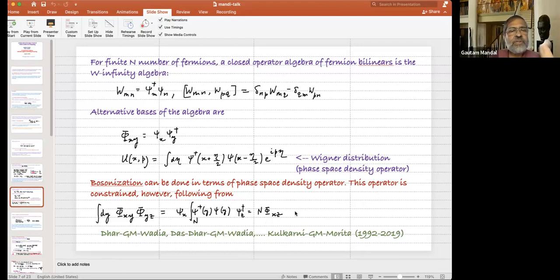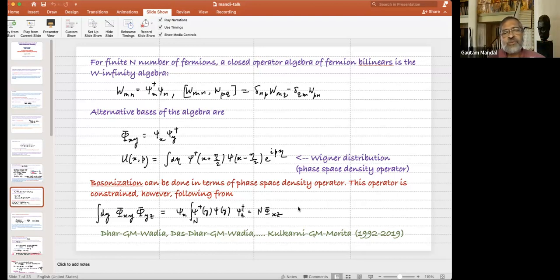There is a quadratic constraint which you can write down in terms of Moyal products of U: U Moyal product U is equal to U. That comes essentially from phi squared equal to phi.